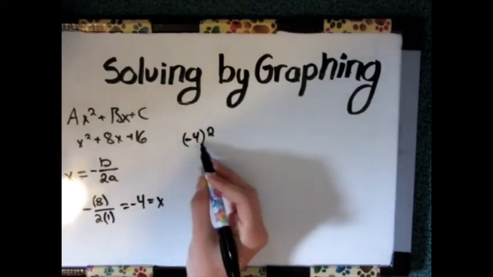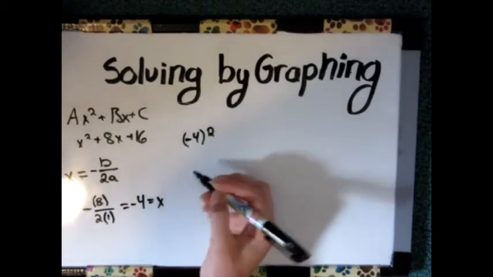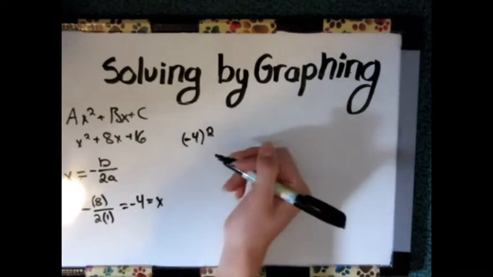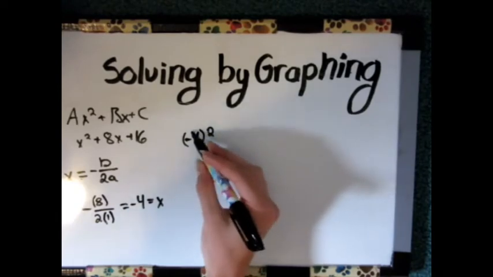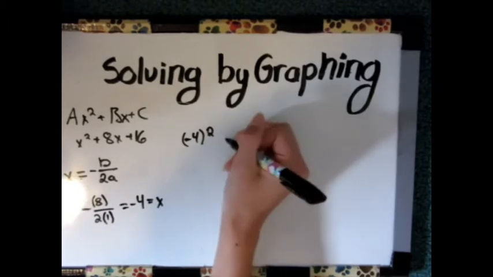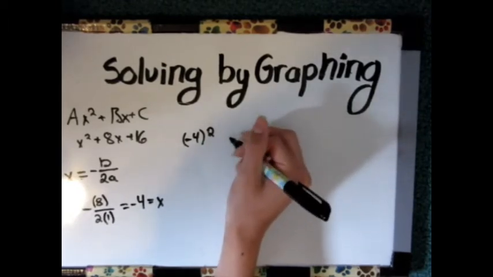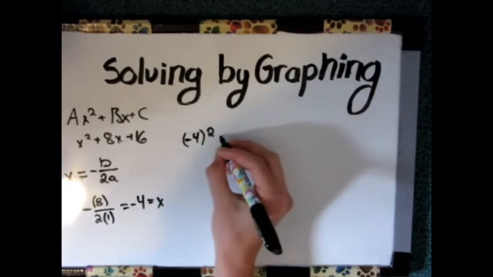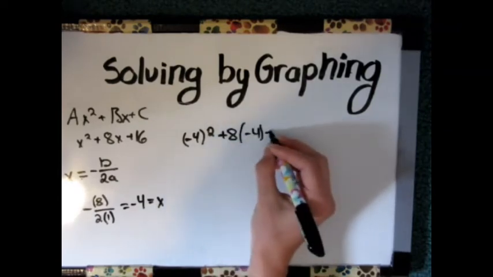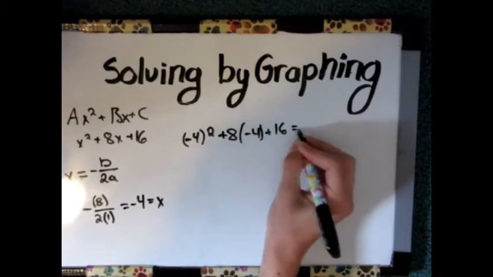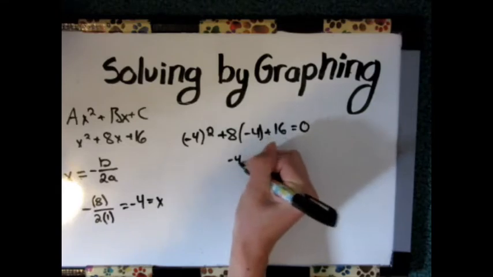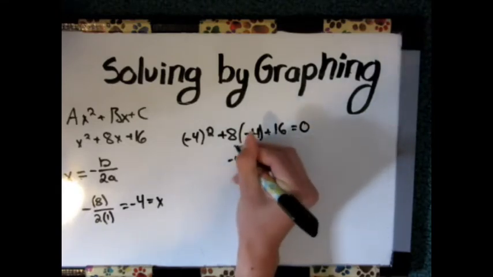When you're doing this on the calculator, make sure to put parentheses around a negative 4 or a negative number, or it will just square the 4 and won't account for the negative being squared, and that'll mess up your answer. Alright, and that is equal to 0. So our point is negative 4, 0.